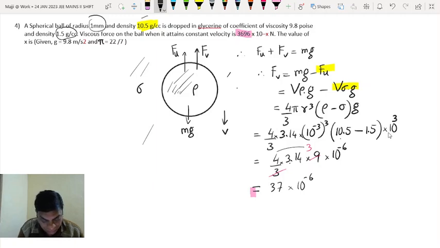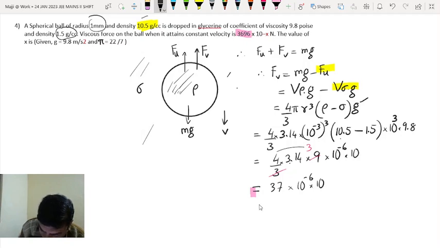I think we have gone somewhere wrong in calculations. Sorry, I have missed g. Yeah, I have missed g here. g is 9.8. You can take it as 10, not a problem.